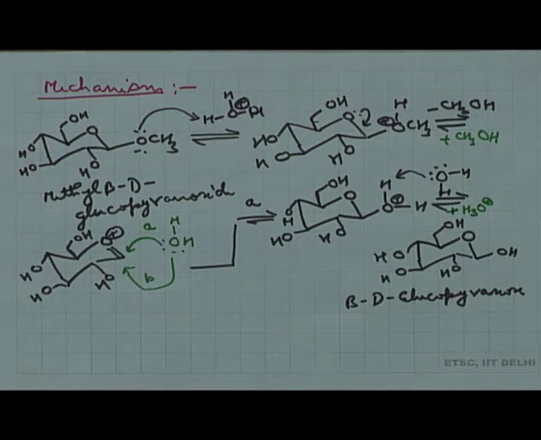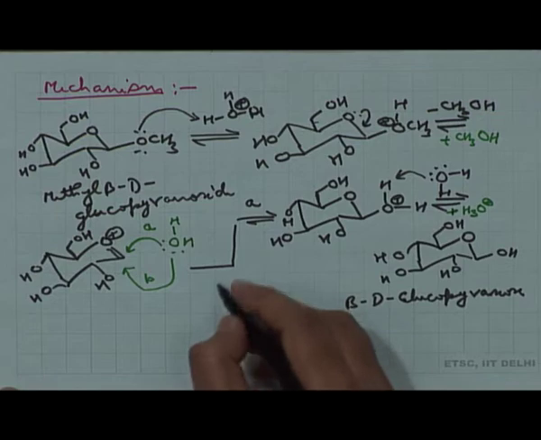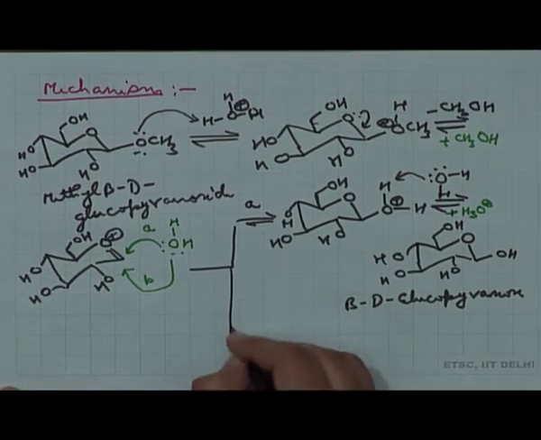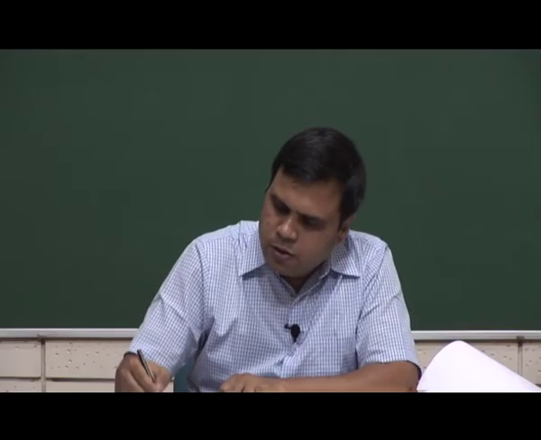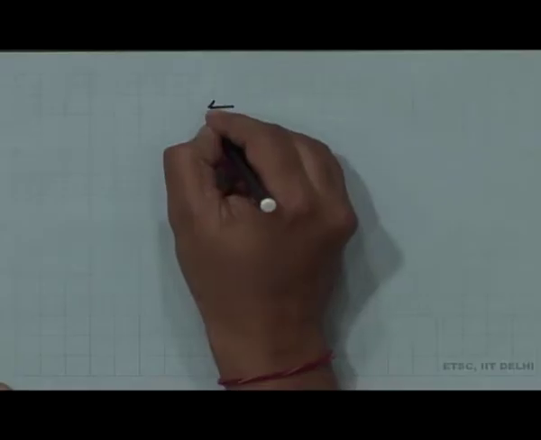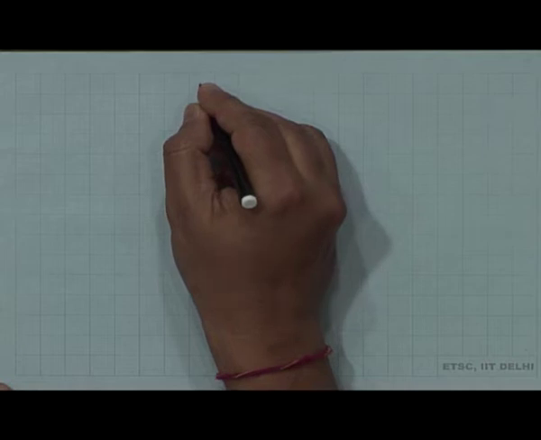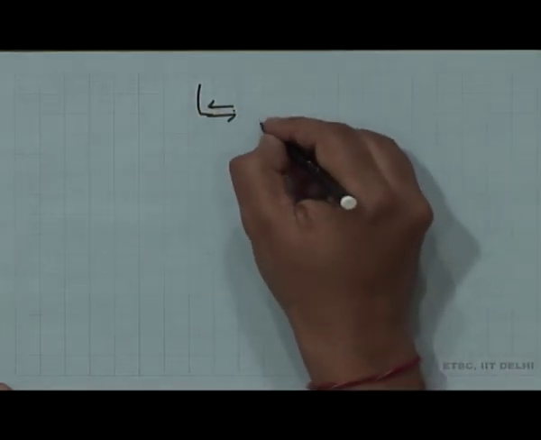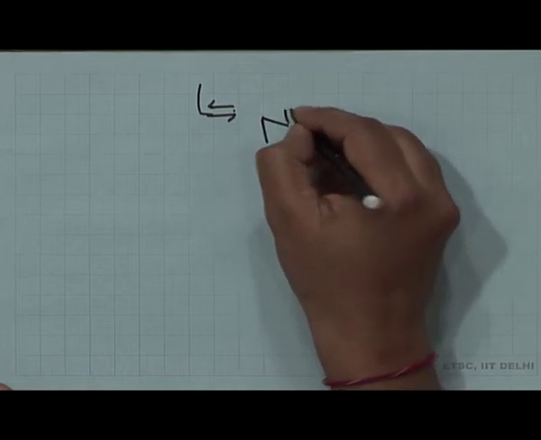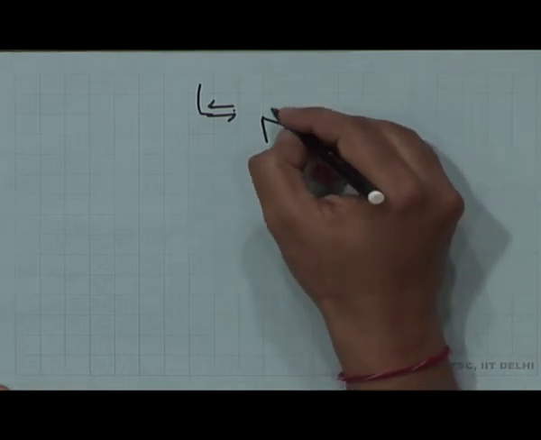Now, the second possibility: if attack takes place from the bottom phase, that will lead to the alpha D glucopyranose.